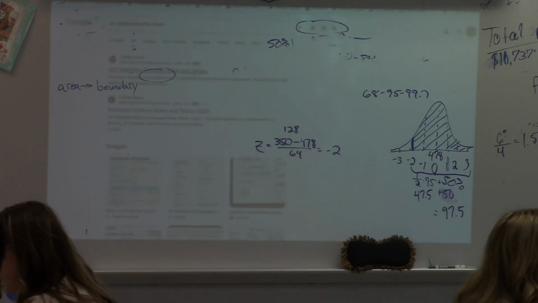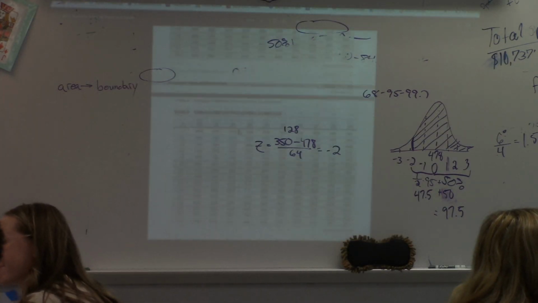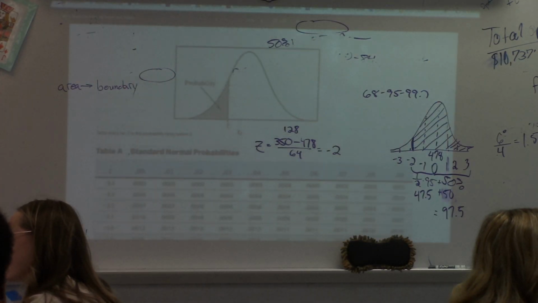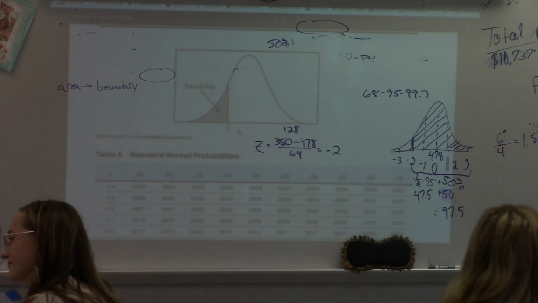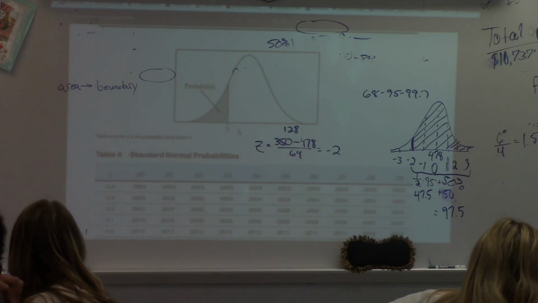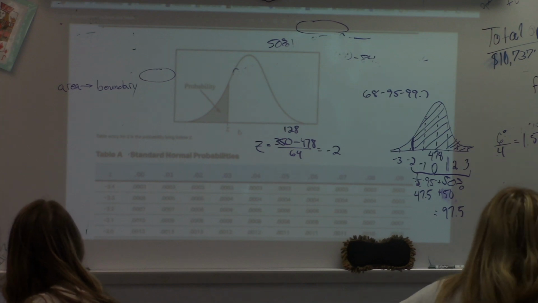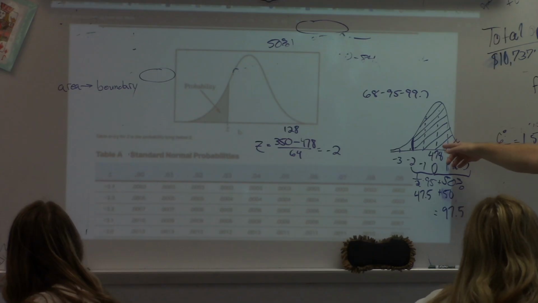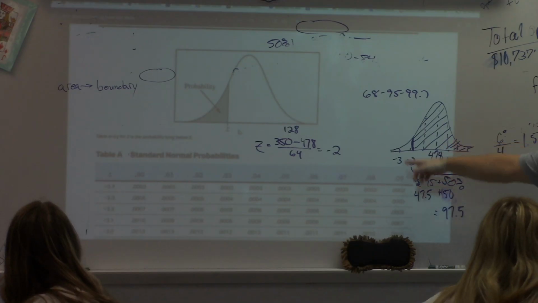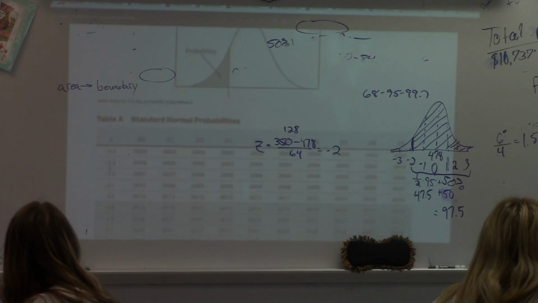Hey guys, back in the day, and I know I sound old, what I had to do was use this table. We eventually started to use calculators, but notice this table only gives me the area to the left of that z-score, so it never gave me what's to the right. So I had to go to -2.0: the tenths place on the left, and then the hundredths.